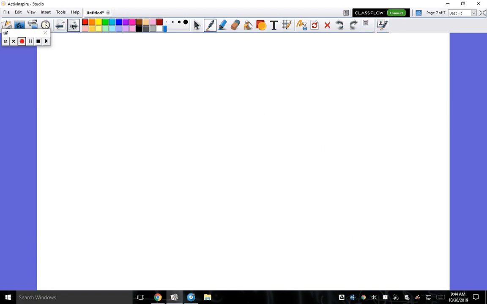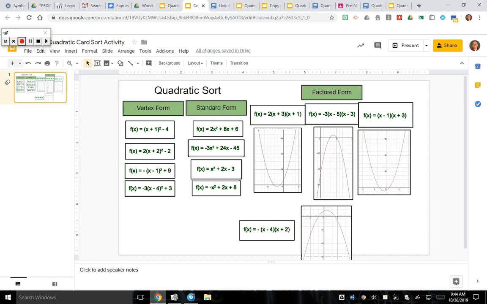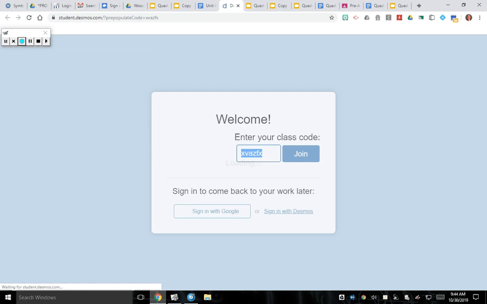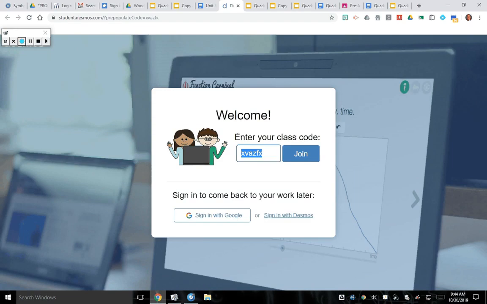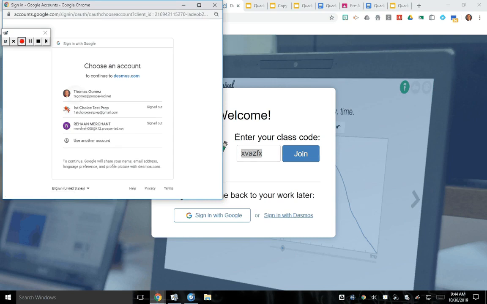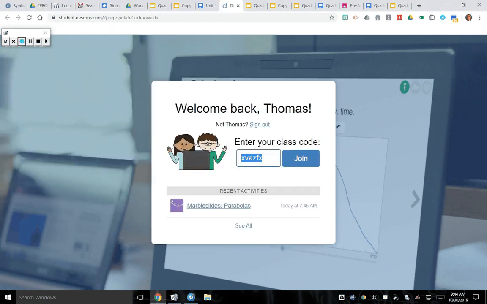What I want you to do now, though, is go to Desmos. And this one is that weird one as far as, you can do it from the calendar, okay? So from the calendar, I don't think I did that calendar with you, did I? So remember when we did these, the Desmos, whenever you can log in with a class?